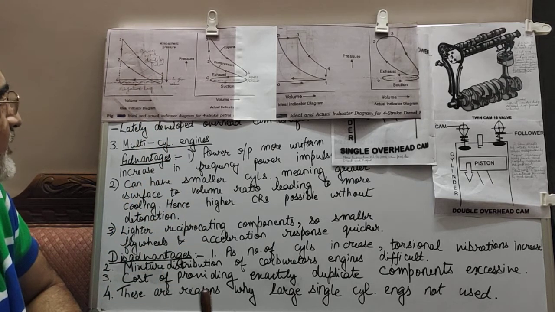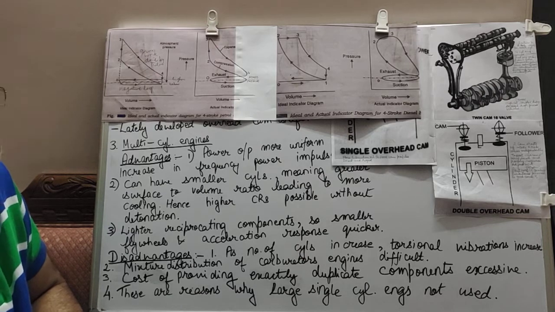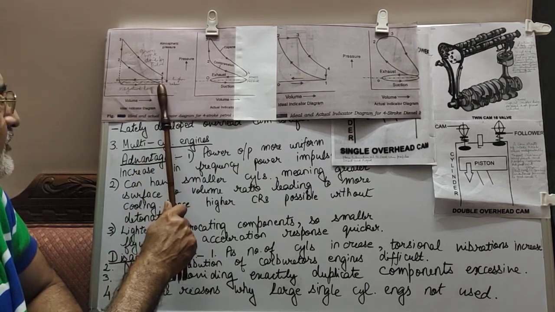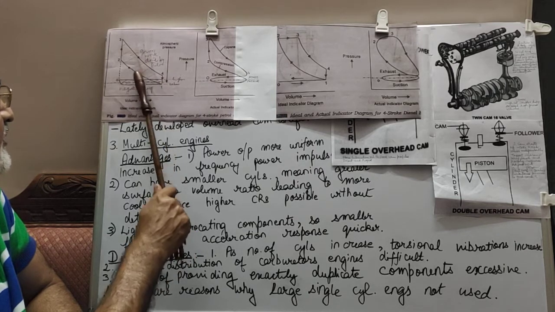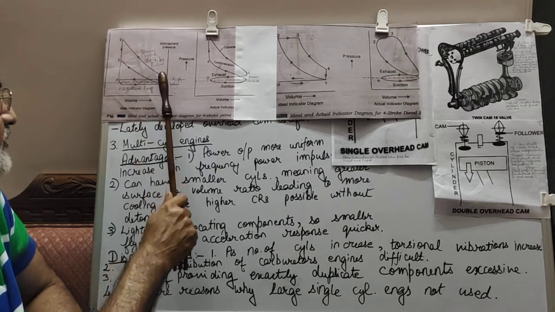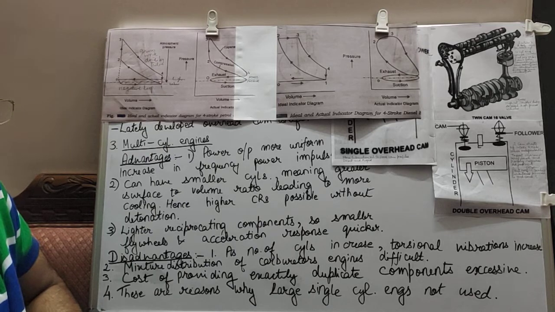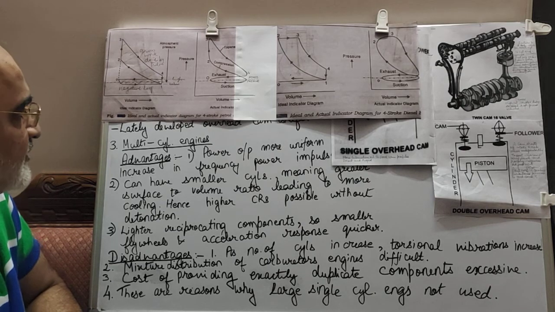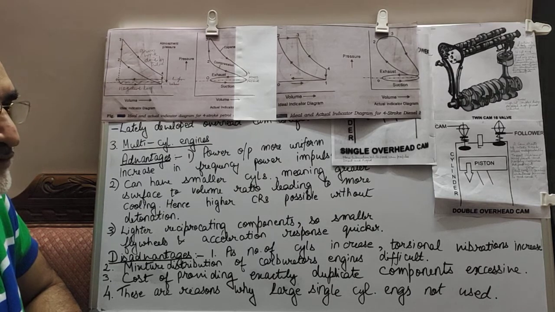Now in this, what is the work done by the engine? The area of the loop 1, 2, 3, 4, 1 is the positive power performed by the engine, but from that we have to subtract the negative power.